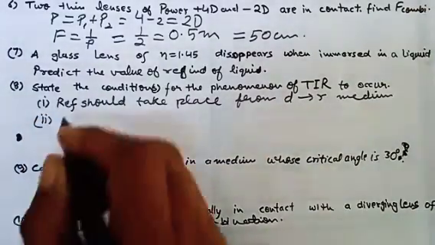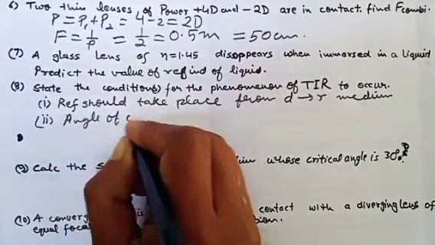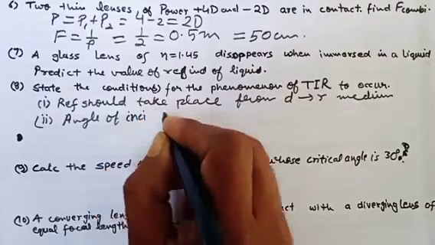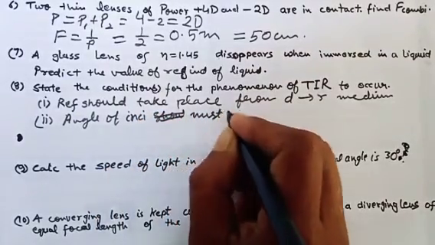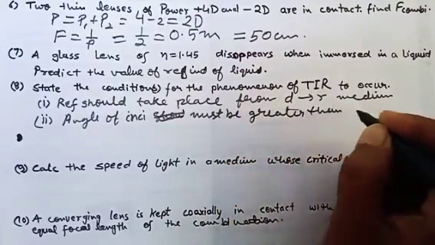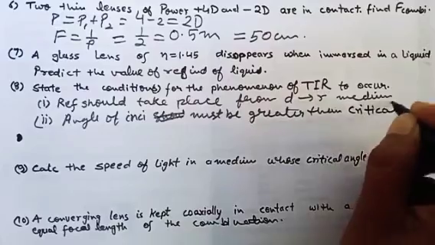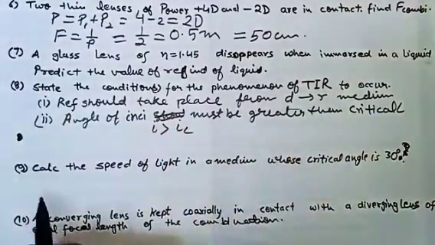The next thing is angle of incidence should be greater than, must be greater than the critical angle. Or we can say must be greater than IC.